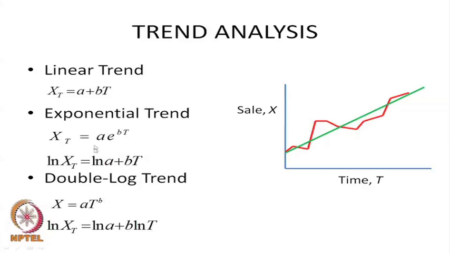So, by making suitable transformations, we can convert a nonlinear relationship such as this or this into a linear relationship in parameters, and thereby we can use simple regression techniques to find out the values of a and b, and therefore to find a relationship between x_t and t, which is what can be done.